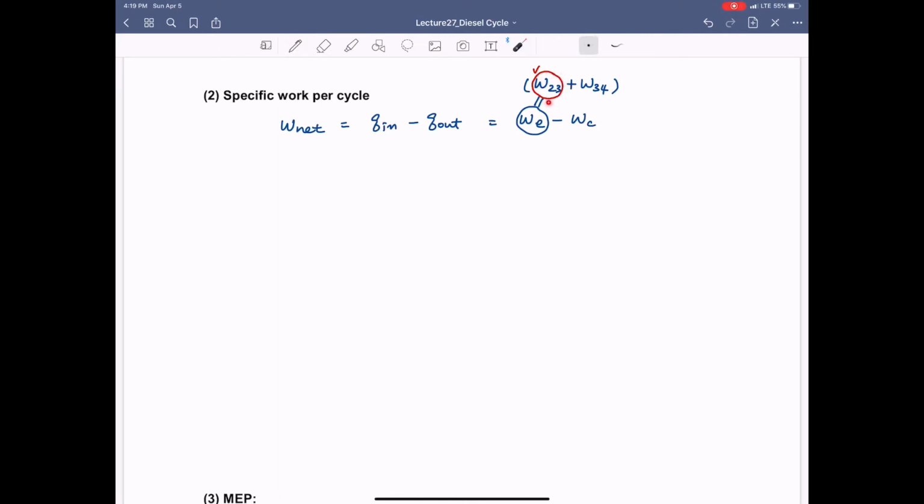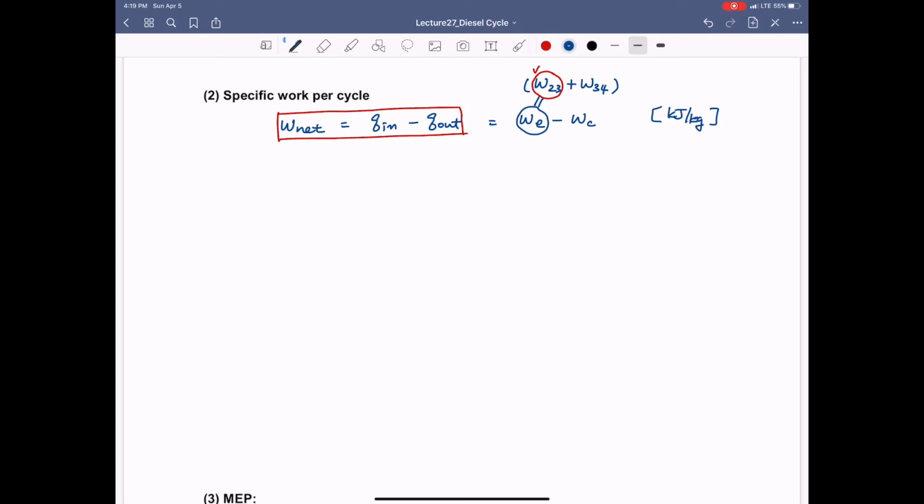So you always have to be careful when you use this equation to calculate the net work. The unit of this should be kilojoule per kilogram. Now let me use this equation because that is easier for me.